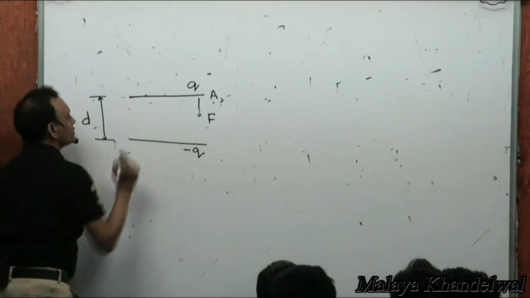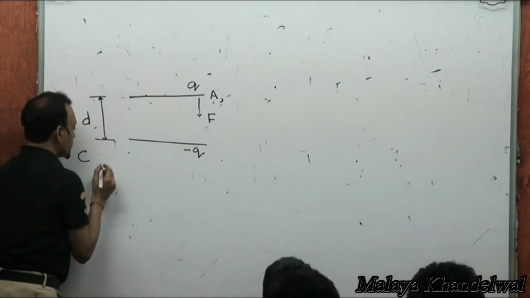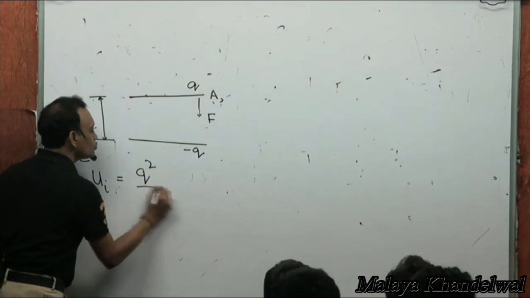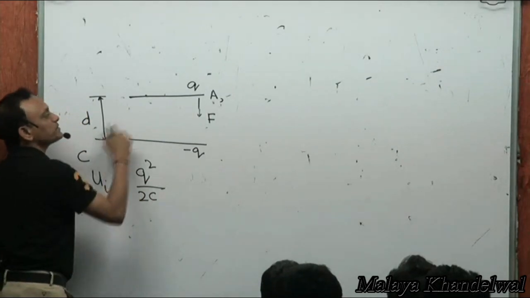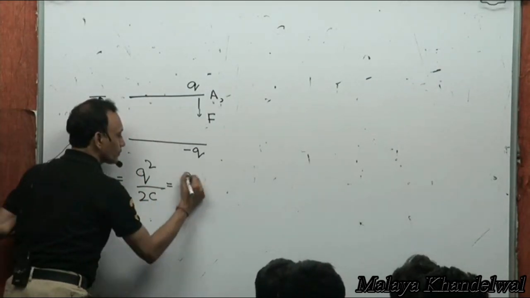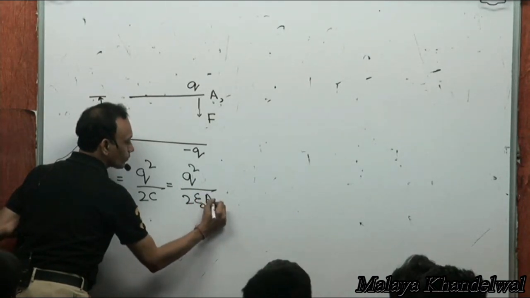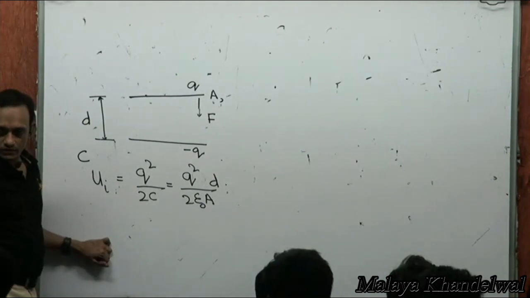What is the potential energy of this? If C is the capacitance, the potential energy initially is Q squared by 2C. C is epsilon naught A by D. That's the potential energy of this.